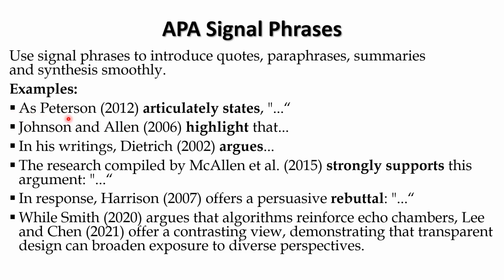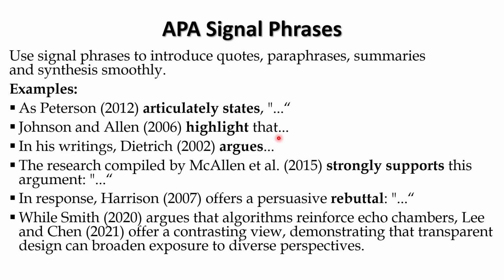As Peterson (2012) articulately states. Here the verb "articulately states" tells the reader that the writer admires Peterson's phrasing. The verb does extra work, it gives you a sense of tone. Then, Johnson and Allen (2007) highlight.